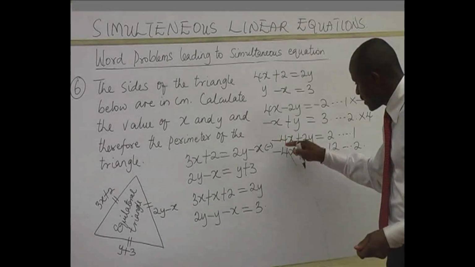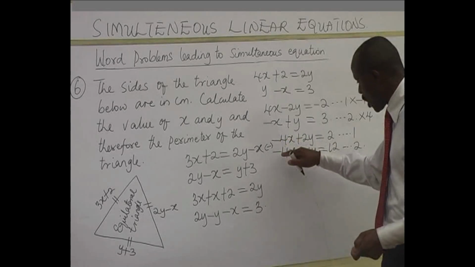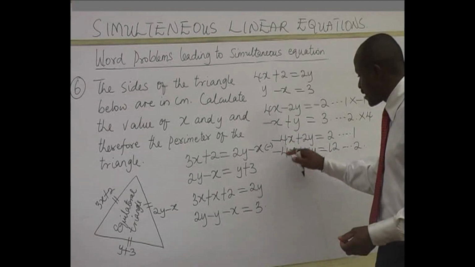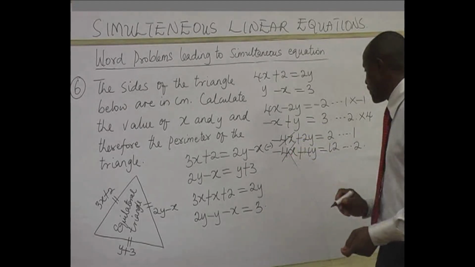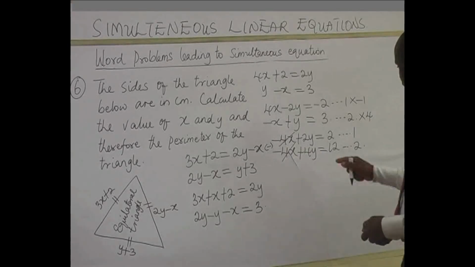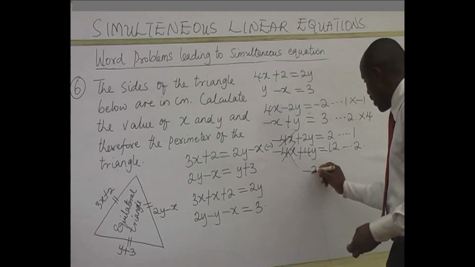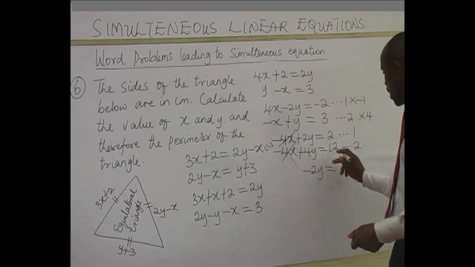Minus 4x minus 4x will give you minus 4x plus 4x. And minus 4x plus 4x is like 4x minus 4x. And they are going to bury themselves and go out of our system. 2y minus 4y will give you minus 2y. It's equal to 2 minus 12 will give you minus 10.